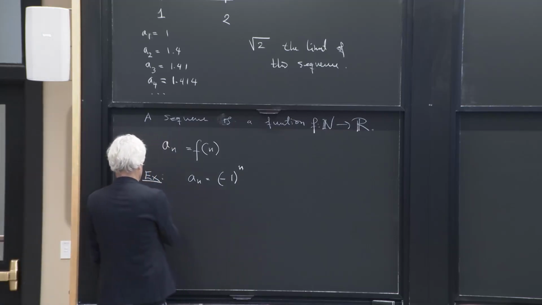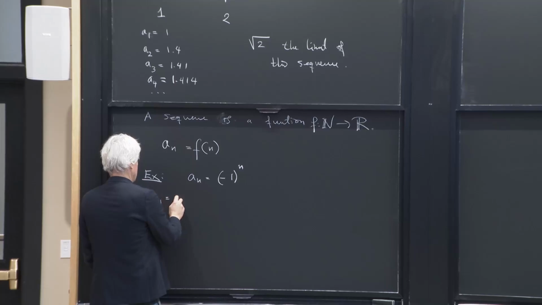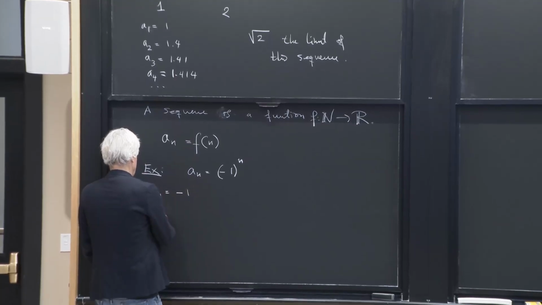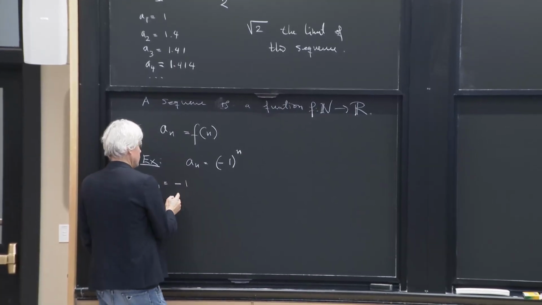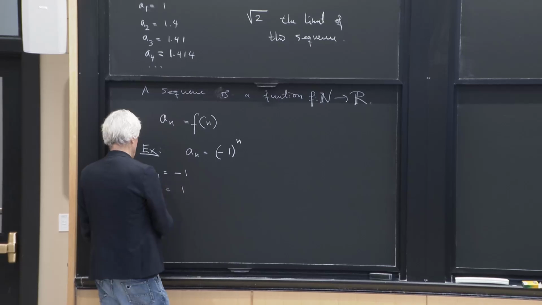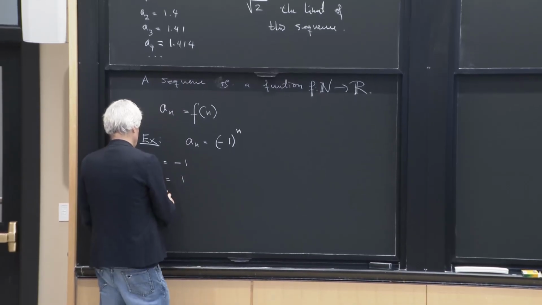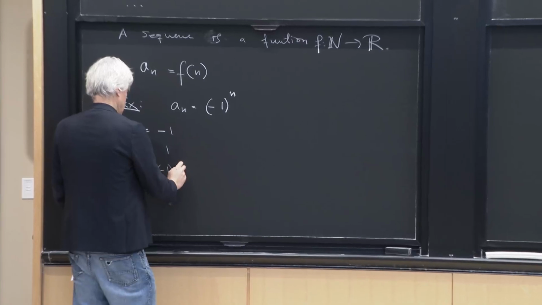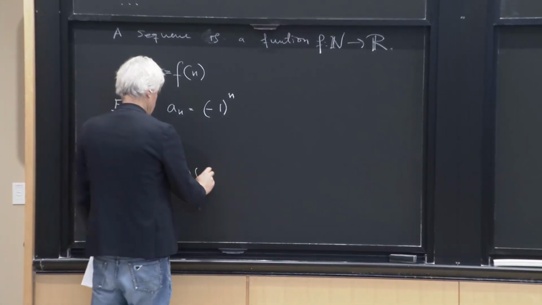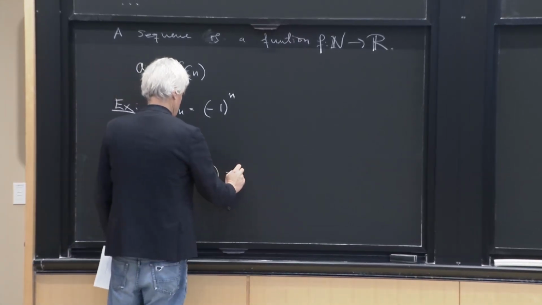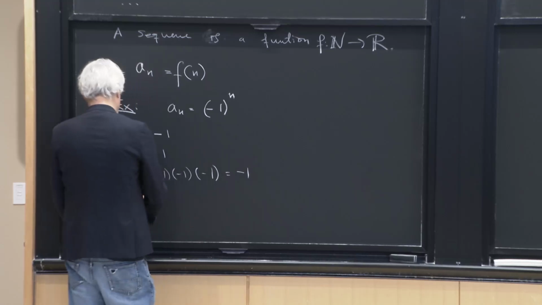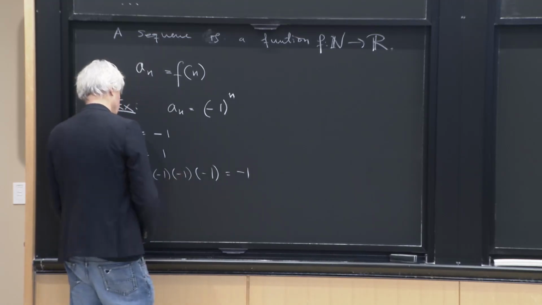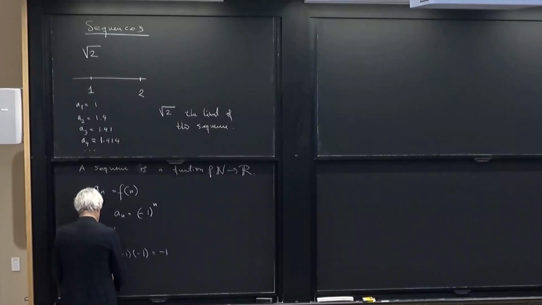So a1 is equal to -1. a2 is equal to -1 times -1, so that's 1. a3 is -1 times -1 times -1, so this is -1, and a4 is -1 multiplied by itself 4 times, so that's 1.